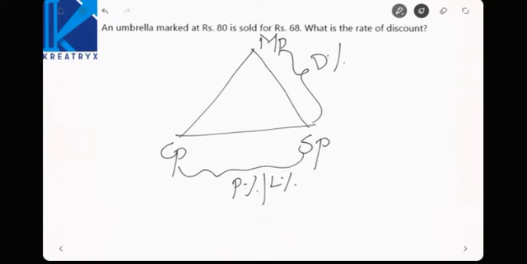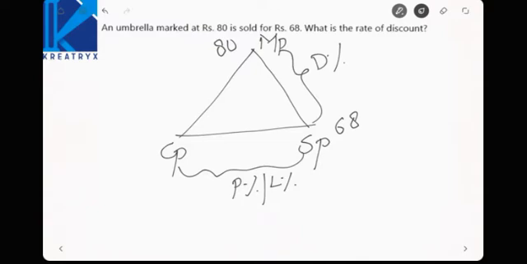Now see, umbrella marked at, so market price is 80 rupees, and sold at 68. Now find out the discount. Discount is nothing but the difference amount, right? 80 minus 68 will lead you to how much? 12 rupees.